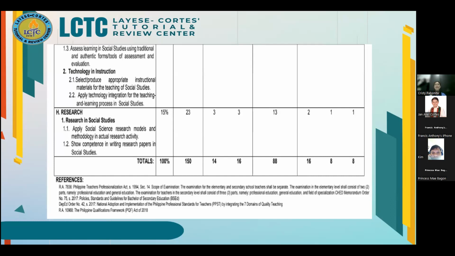Again, the questions that will come out tonight are not an assurance that these will be the exact same questions that you will be answering this March 19. That is just a disclaimer. These following questions will just be your guide and will give you an idea on what the possible questions are that will come out. So are you ready?